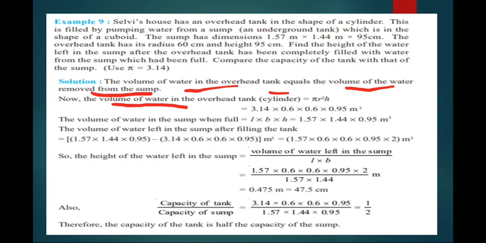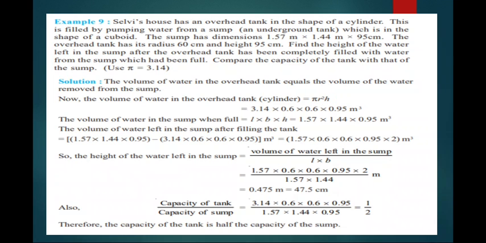Now the volume of the water in the overhead tank is equal to pi r square h. Why? Because the tank is in the shape of a cylinder. So use this formula where r is equal to 60 centimeter, that is 0.6 meter, and 95 centimeter means 0.95 meter.